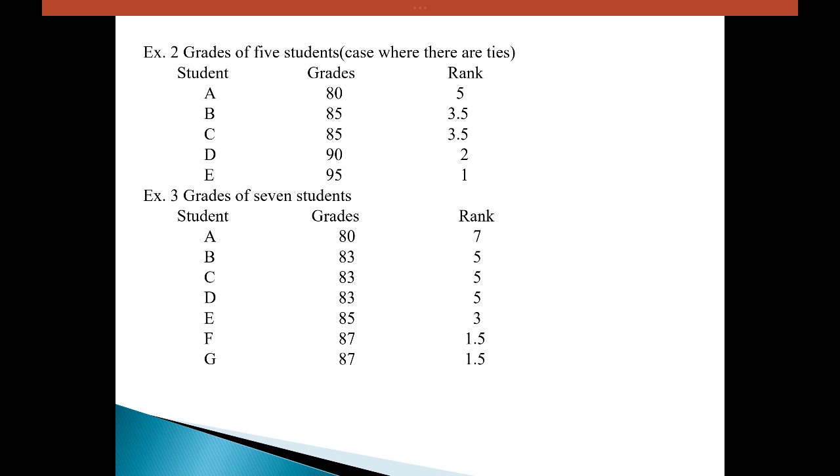Student A is rank 7. Don't be mistaken, student A is not rank 6, because student B, C, and D already share rank 4, rank 5, and rank 6. So student A is left with rank 7. I hope that's clear.